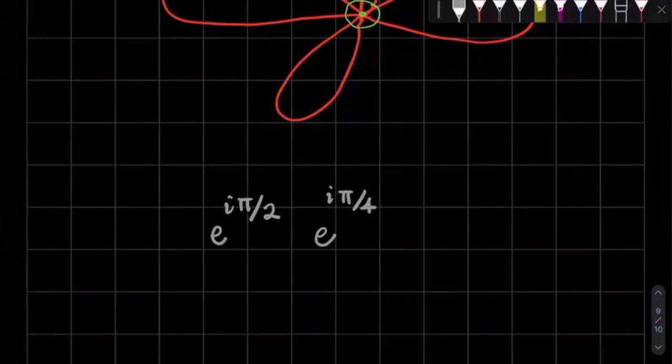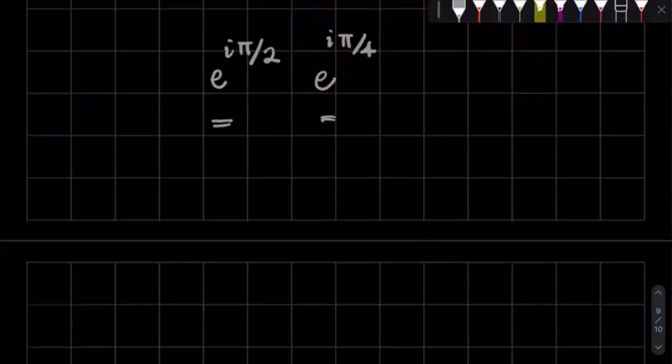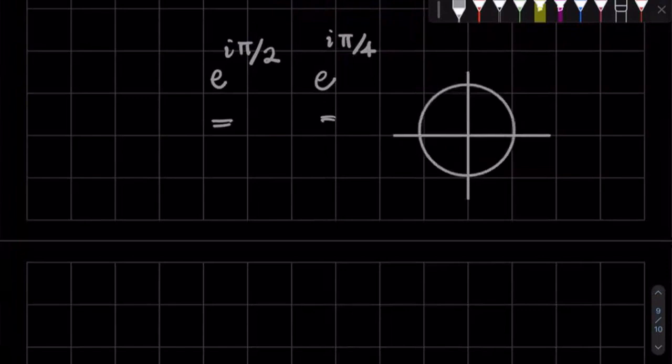So this is 90 degrees, and this is 45 degrees, right? So now let me draw my circle. I'm just drawing it embedding it in a higher dimension. So the first point is over here.